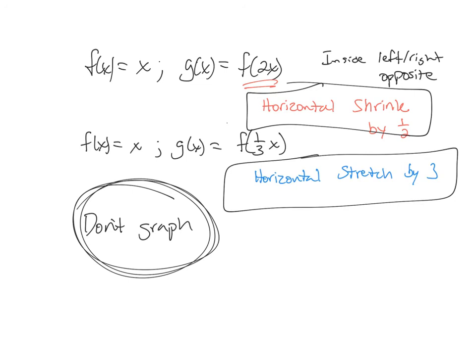We're going to be using these words again in section 7. We're going to graph absolute value, and we will talk about doing the stretches and shrinks and translations and all that kind of stuff. Okay?